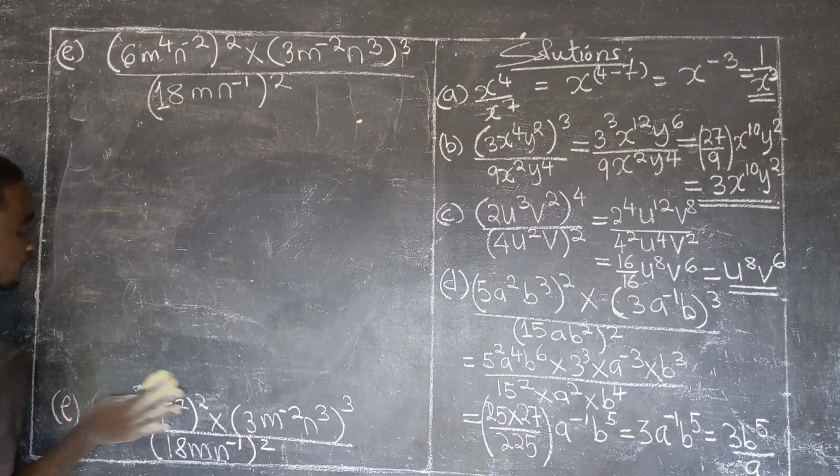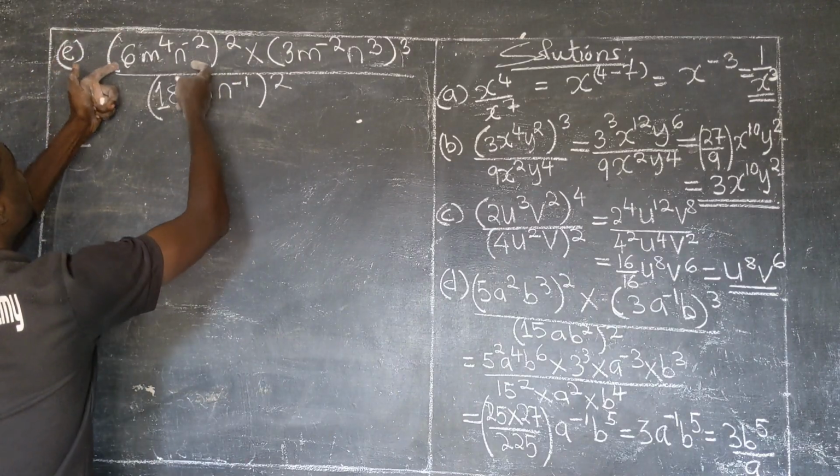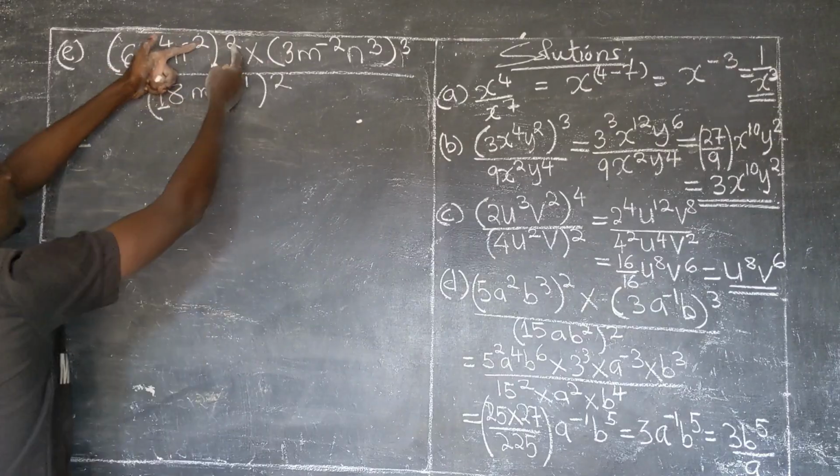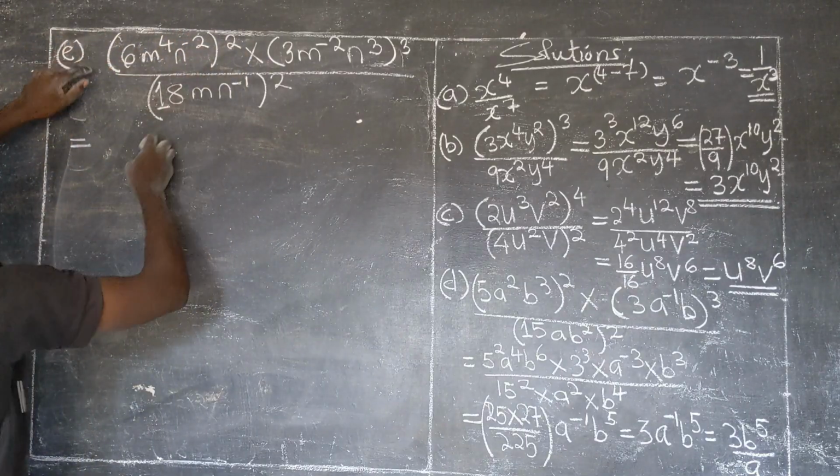Now we're going to solve it. This will be equal to, this whole term is expressed in the same exponent. Now this exponent is multiplied to each of the values inside the bracket.